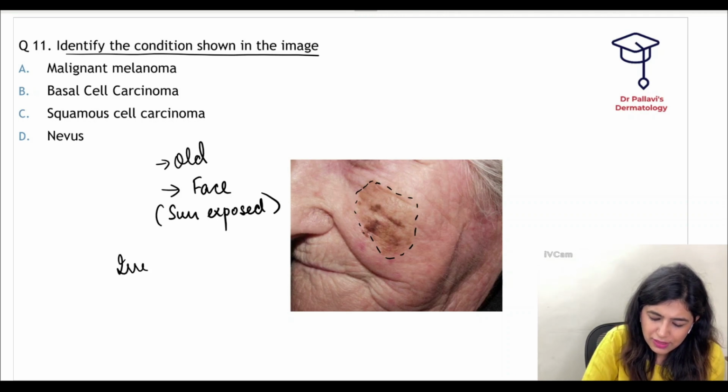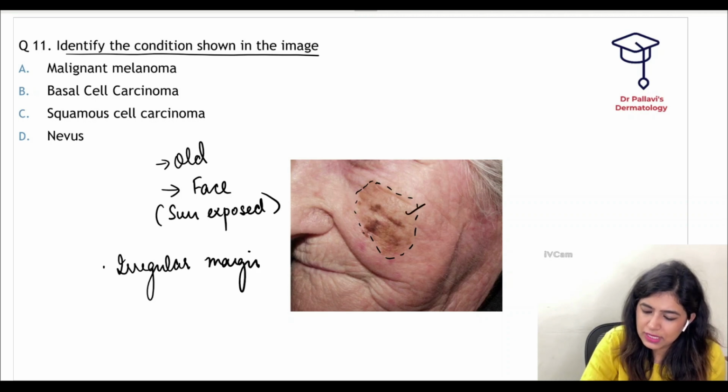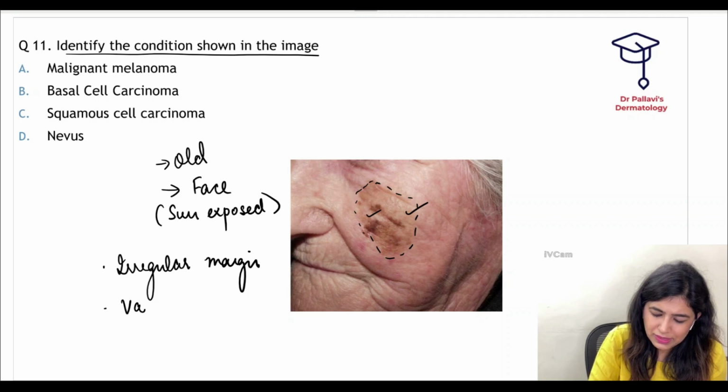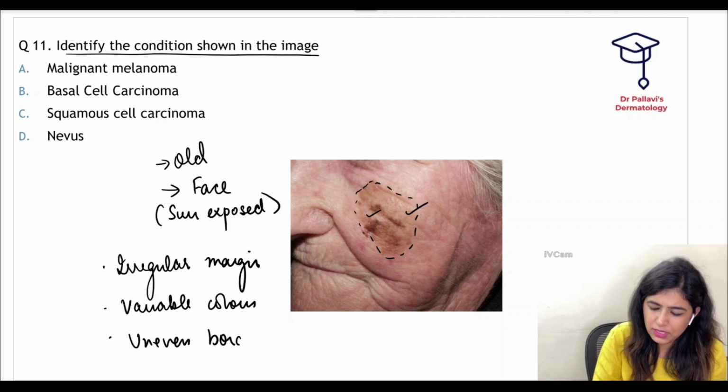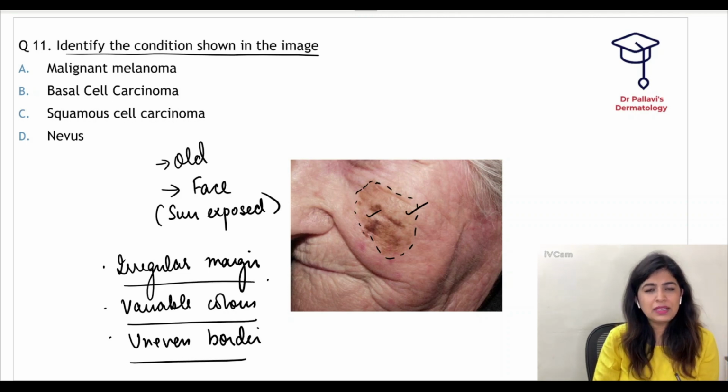So this lesion has an irregular margin. Then somewhere it is light brown, other areas it is dark brown, which means it has variable colors. The border is also uneven. So this is what I can make out from the image of the lesion.